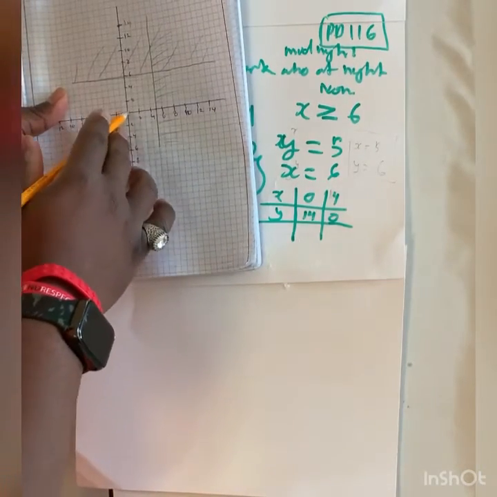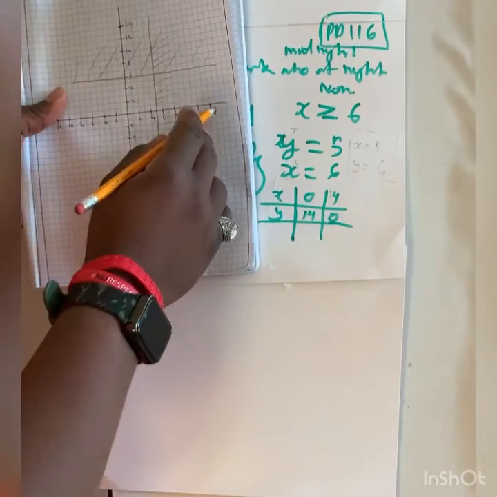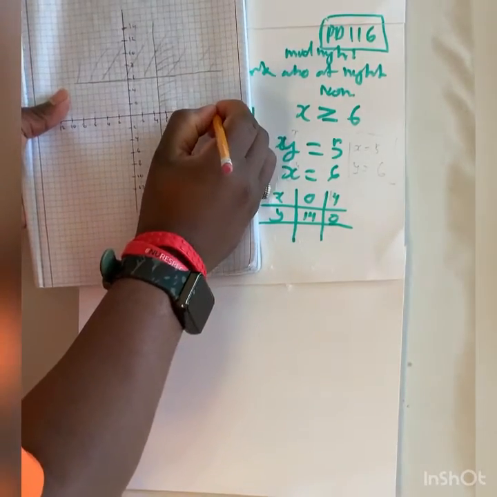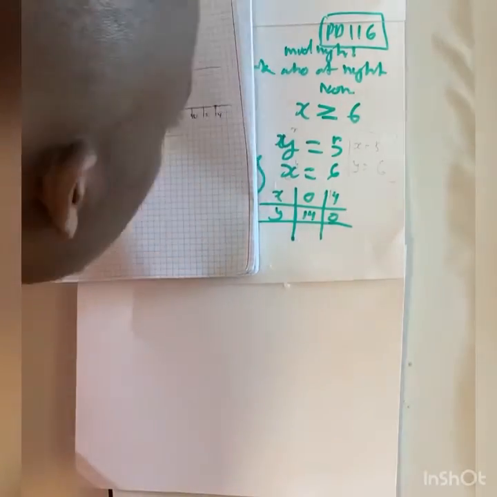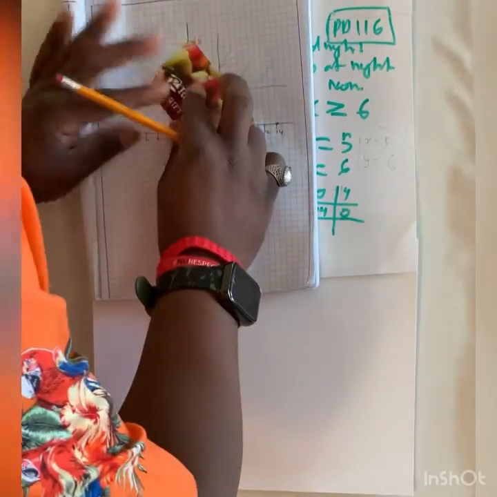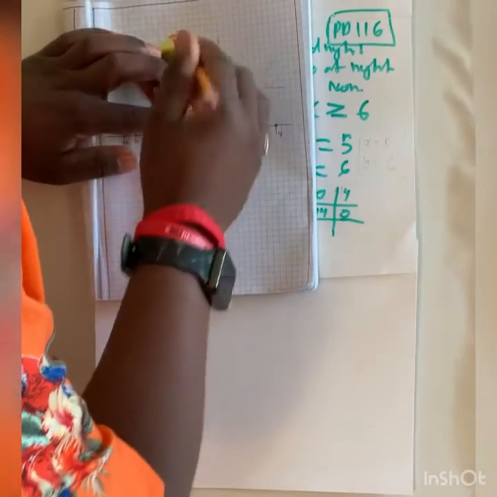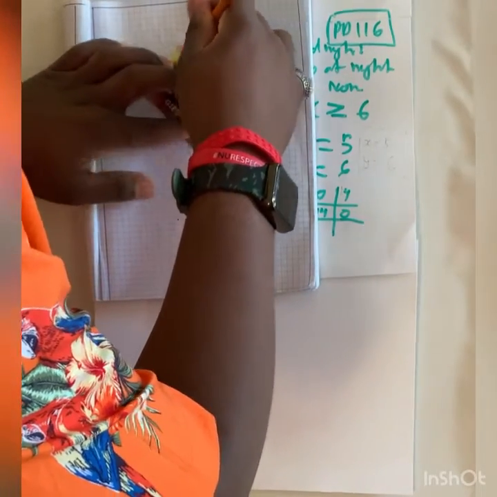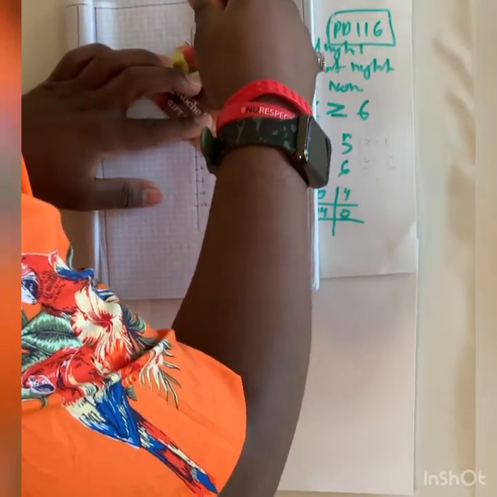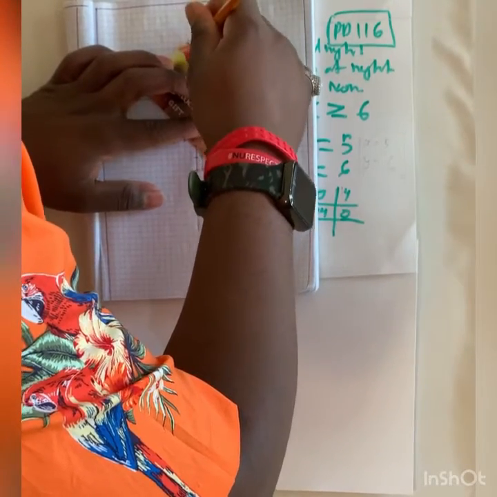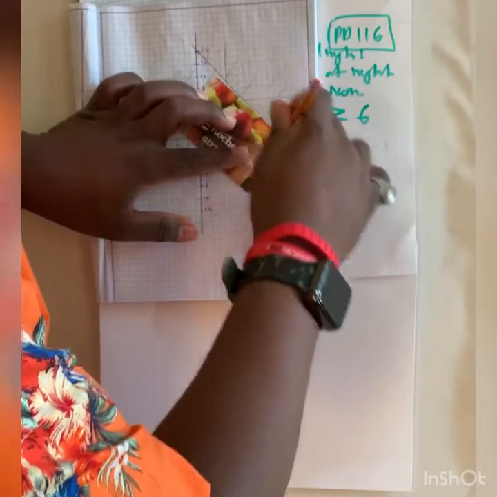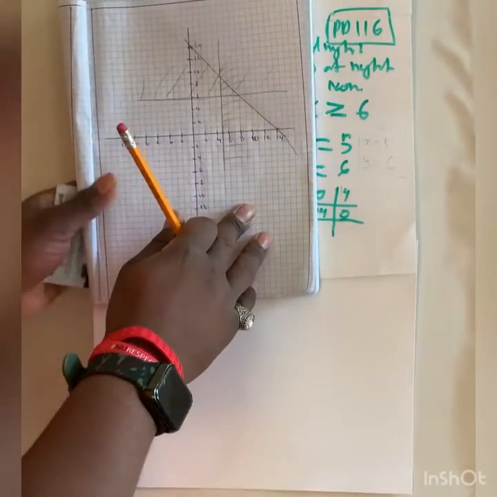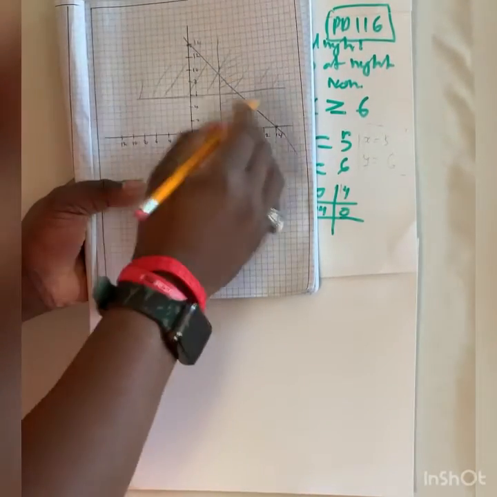And when X is 14, Y is 0, so it is over here. Then I make sure I reach those 2 lines. Yeah, so this is the line.